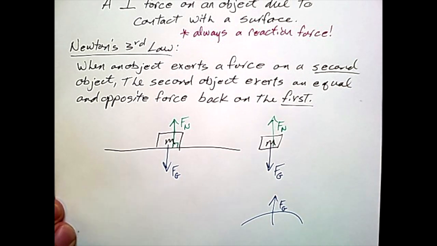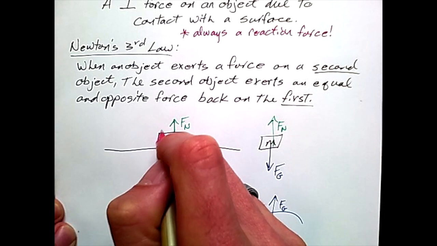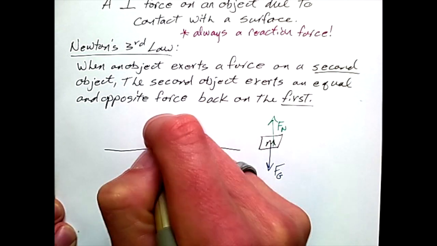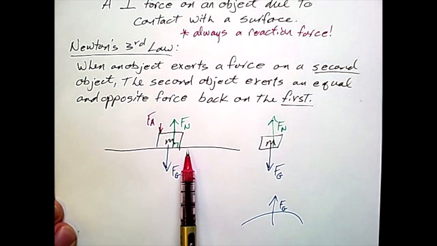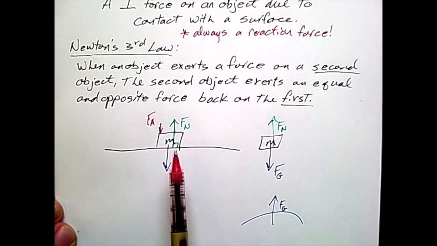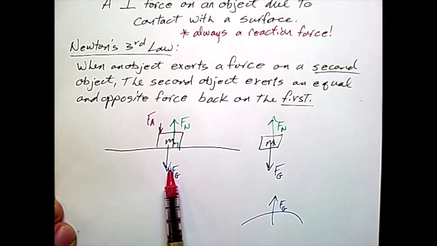But if I had a mass and I reanalyze this, where instead of just F of g, I also took my hand and pushed down on the mass. So if I apply a force, Fa, down onto the mass, well, if the ground is strong enough such that the ground doesn't give and let the mass move down, F of g hasn't increased, right? And so the sum of the vertical forces would be F of A and F of G both acting down.